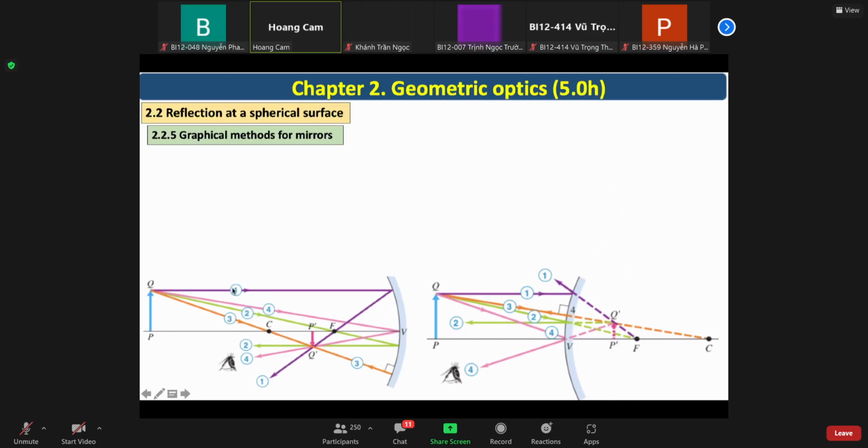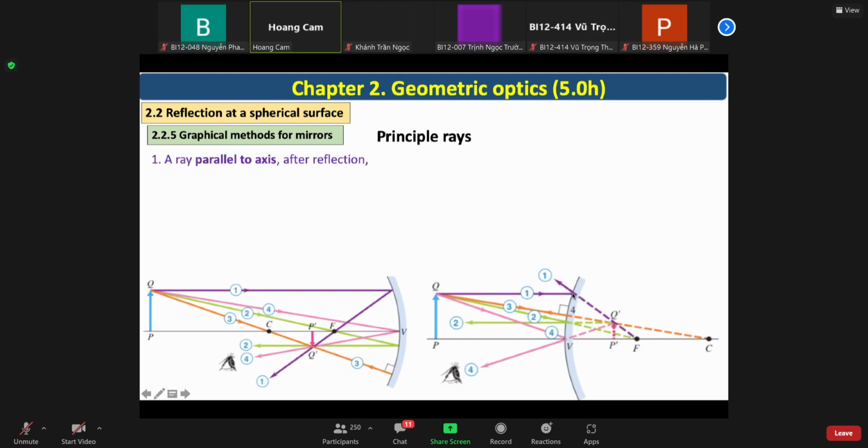We have 1, 2, 3, 4. So we have 4 special incident rays. So the first ray, if a ray is parallel to the axis, here meaning the optical axis or optic axis as well, for the concave mirror, it is reflected through the focal point. And here, the focal point is virtual.